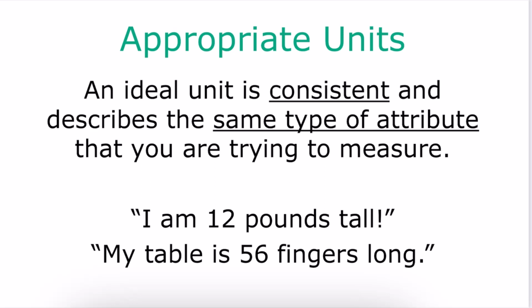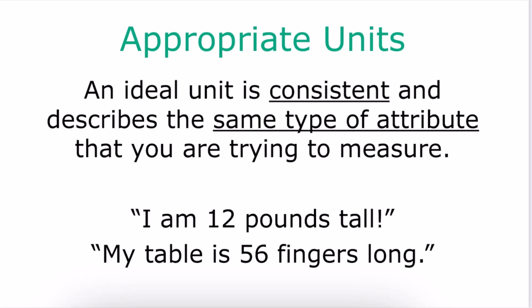Well, what they're trying to say is that they're 12 units tall, and maybe they're using rulers. And what they really meant was that they're 12 rulers tall, but they've heard pounds used in measurement sentences before. And so they just say, I'm 12 pounds tall. But that doesn't actually make any sense because pounds is a unit that measures weight, and inches or meters or centimeters or whatever are the correct units for measuring length.